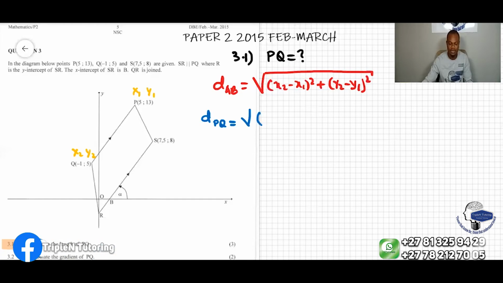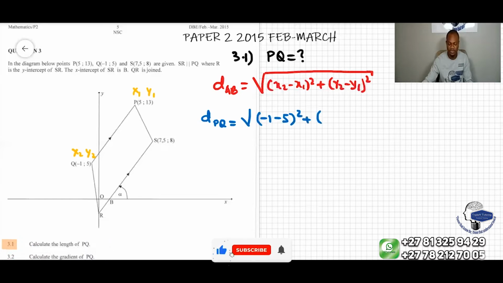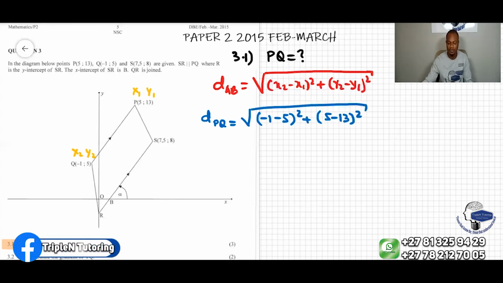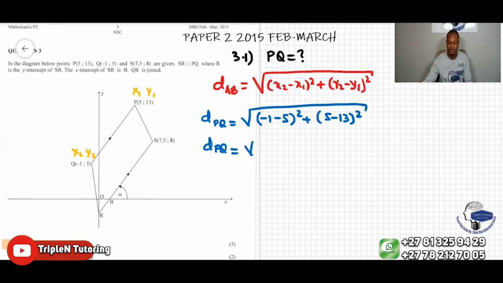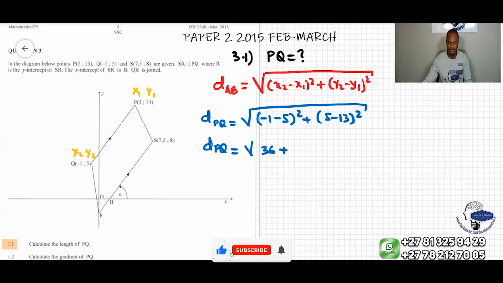x2 is -1 minus x1, which is 5, to the power of 2, plus y2, which is 5, minus y1, which is 13, to the power of 2. Now the distance PQ will be equivalent to the square root of -1 minus 5, which is -6, squared is 36, plus 5 minus 13 is -8, and -8 to the power of 2 is 64.